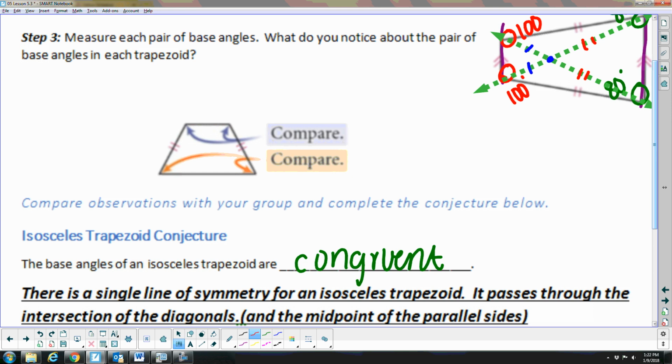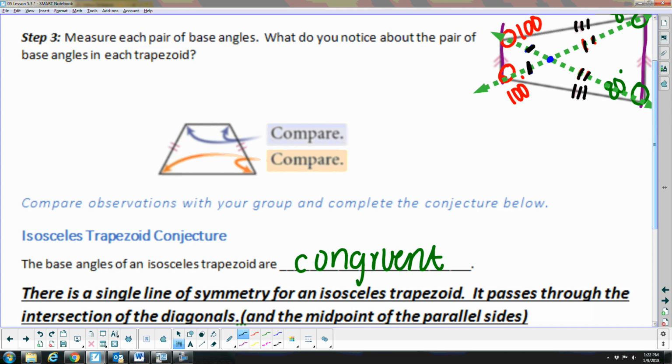So now if you look at this trapezoid, you see 4 triangles inside of it. You see 2 isosceles triangles, and then you see 2 other triangles. And in those 2 other triangles, you have a side congruent to this side, another side congruent to another side, and the third side congruent to the third side.